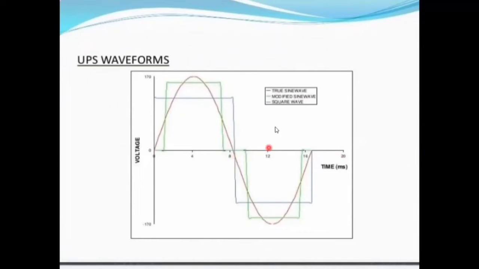This is the true sine wave, and this one is the square wave. And this wave is the modified sine wave, and this one is the square wave. And this is the pure true sine wave. This is the voltage.